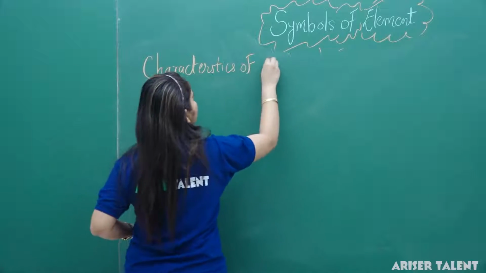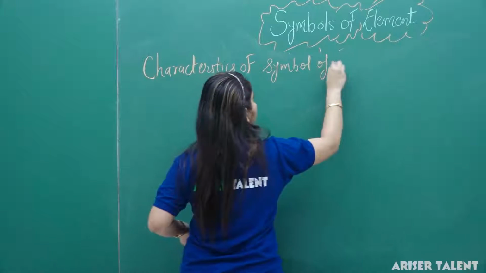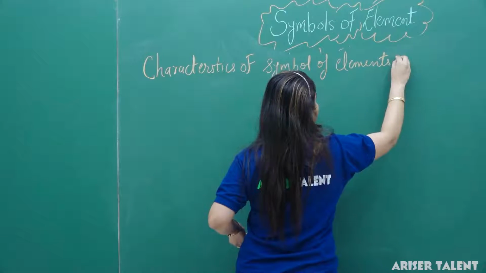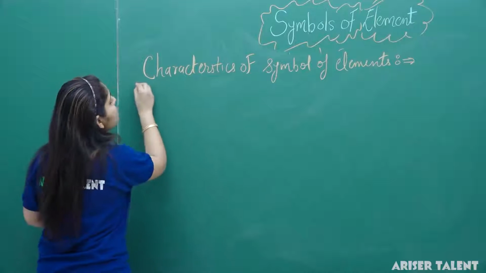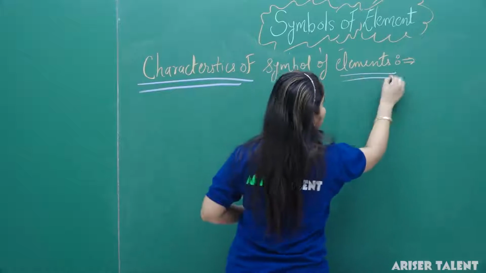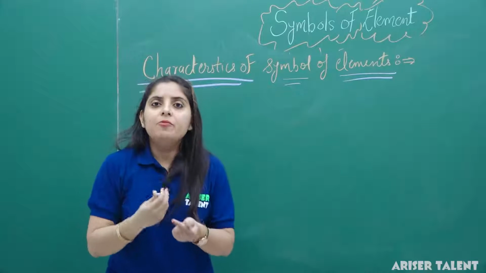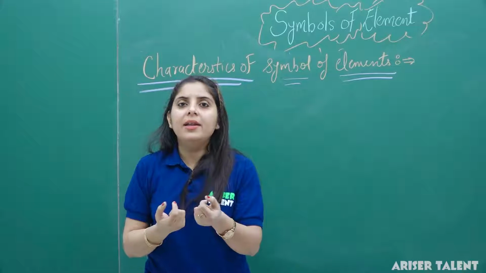Characteristics of symbol of elements. So why do we need to symbolize any element? Here I am writing the characteristics of the symbol of an element. The first characteristic of a symbol of an element is that if we write the symbol of an element, we are going to know the name of that element.